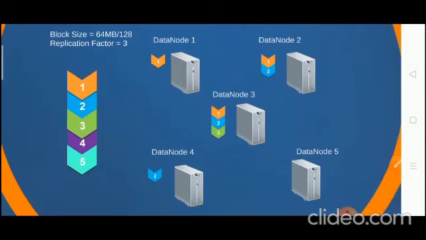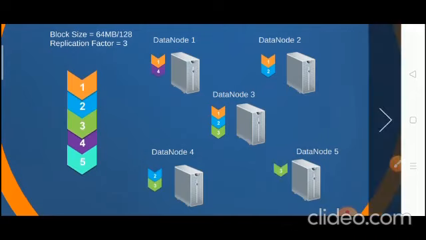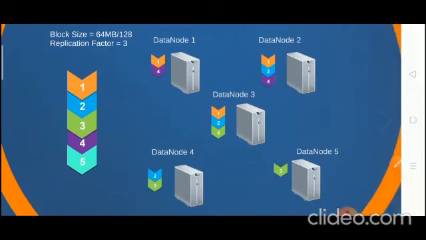Then chunk 3 will be allotted to node 3 and its replicated copy will be available at node 4 and node 5. Then chunk 4 is allocated to data node 1 and its copy will be available at data node 2 as well as data node 5. Then chunk 5 is again allotted to data node 1 and its copies are available at data node 4 as well as data node 5.